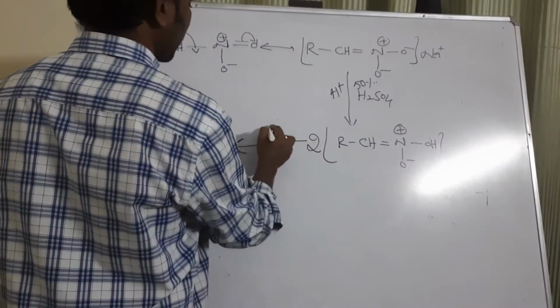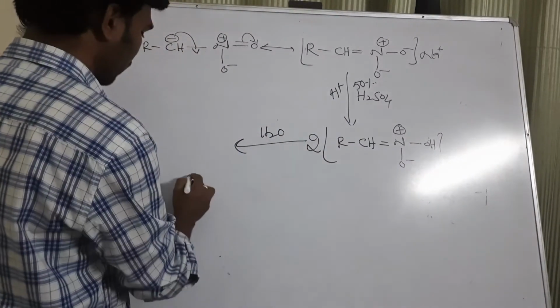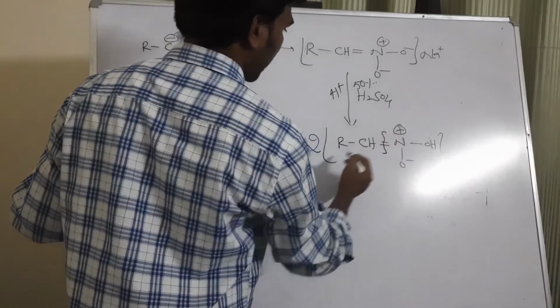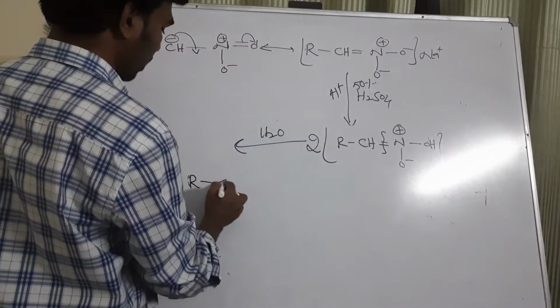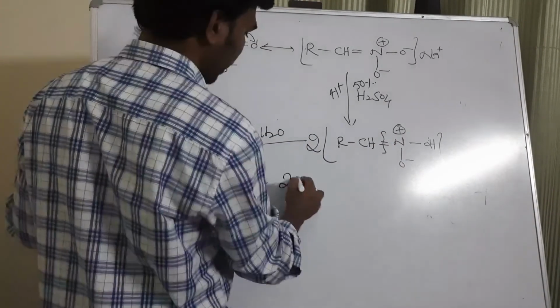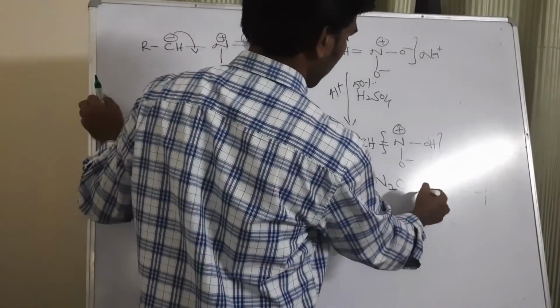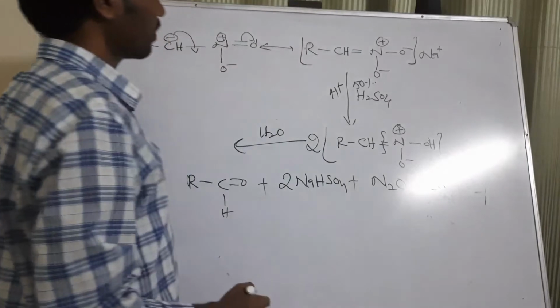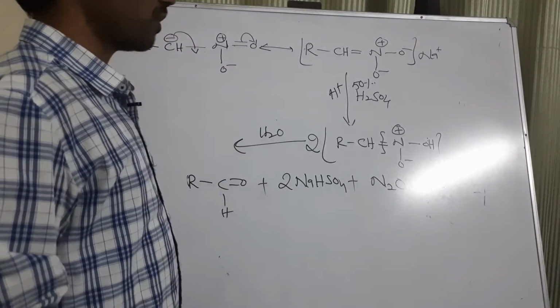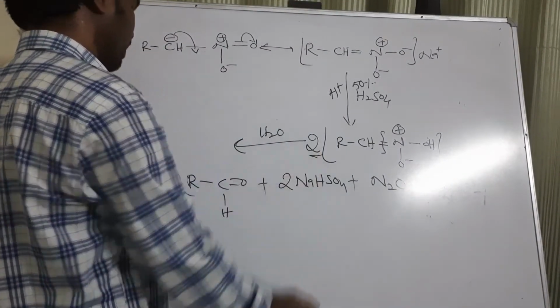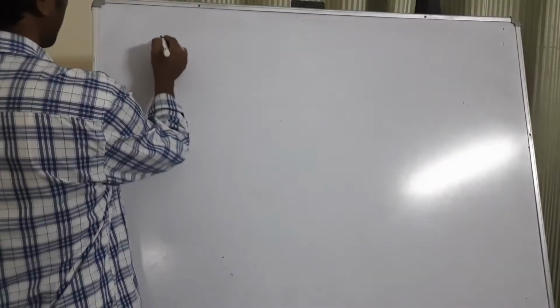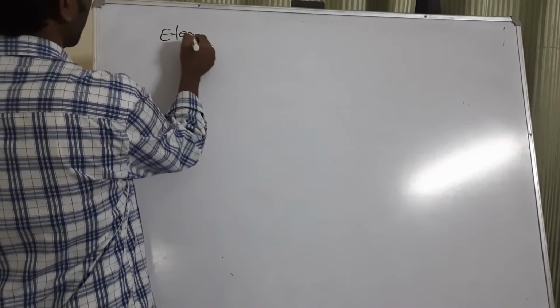So when this one is reacting with water, it will cleave like this, so it will form RC double bond OH, 2 NaHSO4, N2O plus H2O it will form. So with this method we can prepare, here 2 moles will come because here 2 moles we are taking. Next one I am taking Etard reaction.